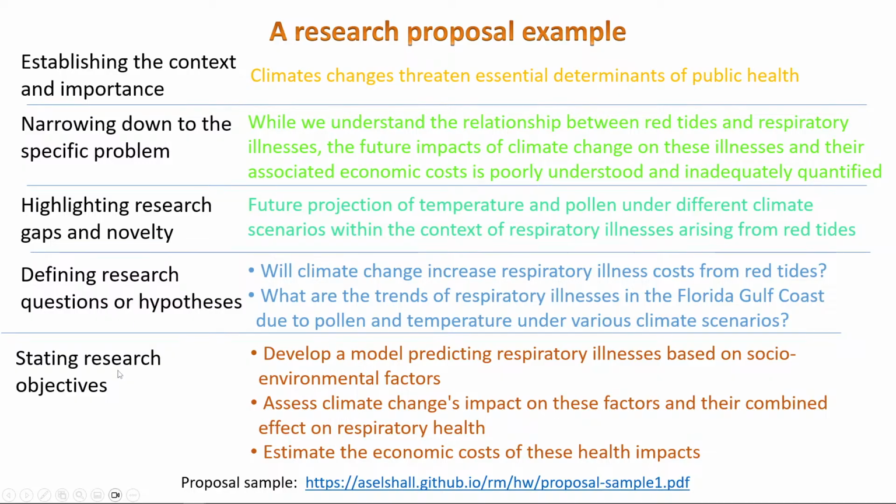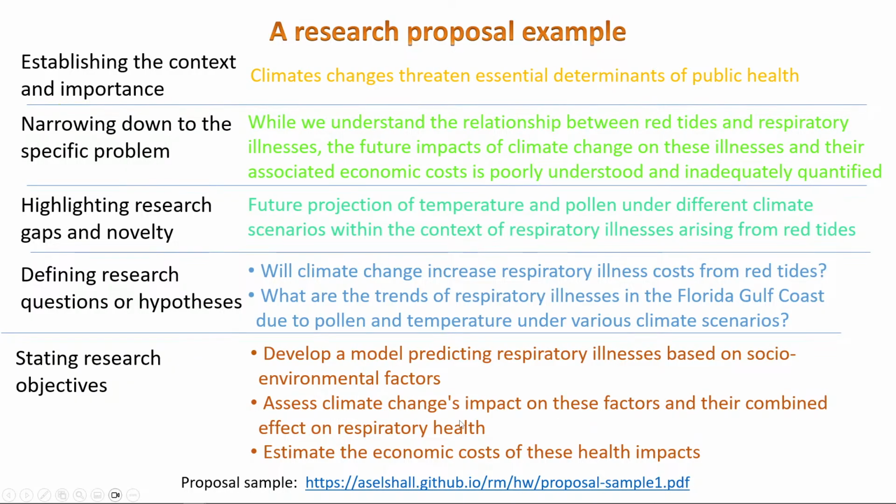And then that would be our research objective. How could we study this? To study this, we will develop a model for predicting respiratory illnesses based on socioeconomic and socio-environmental factors. We will assess the climate change impact of these factors and their combined effect on respiratory illness.